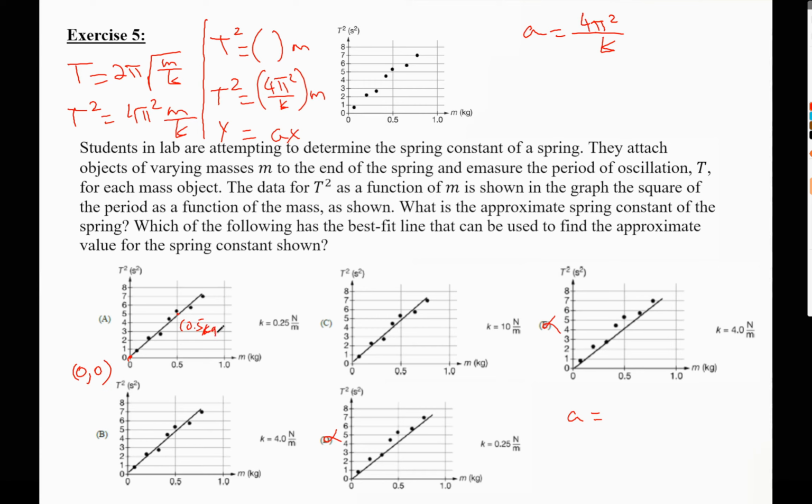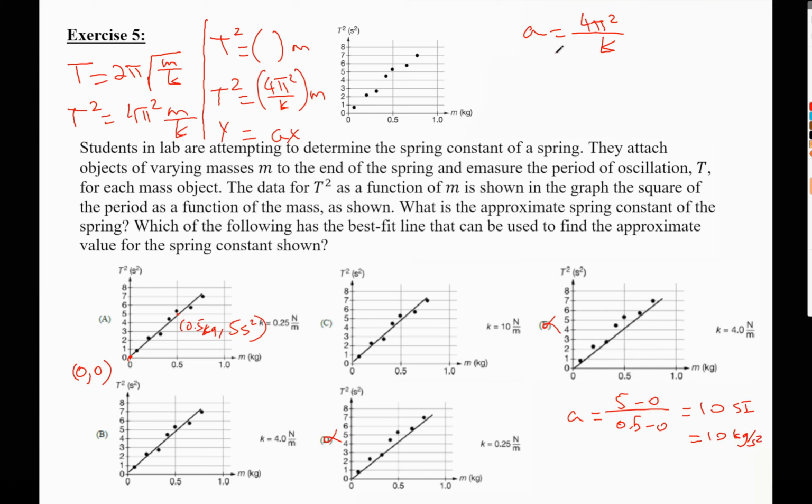The units are not very important for us. Then the slope is given by 5 minus 0 over 0.5 minus 0, and that would be 10. The units are in SI, or 10 kilograms per second squared.